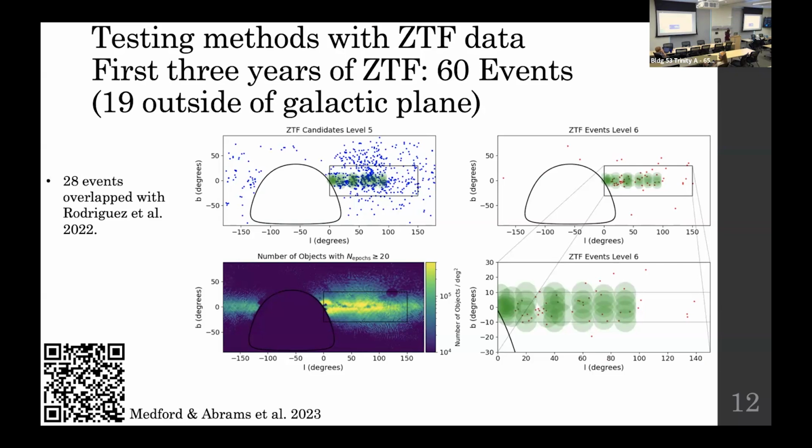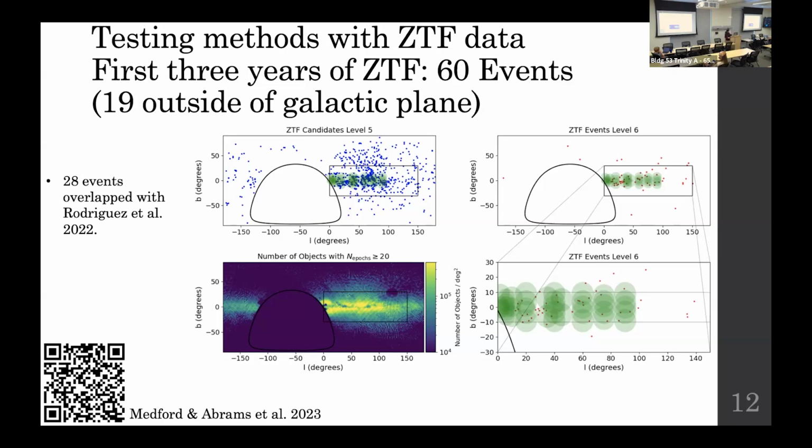So on the left side, you can see the points that we had after our level 5 characterization, which is basically that we went through, made some quality cuts, did successively more complicated microlensing fits, and got to the end. Then on the right side, it's a little hard to see, but those red plots are those that made it past the by-eye inspection.